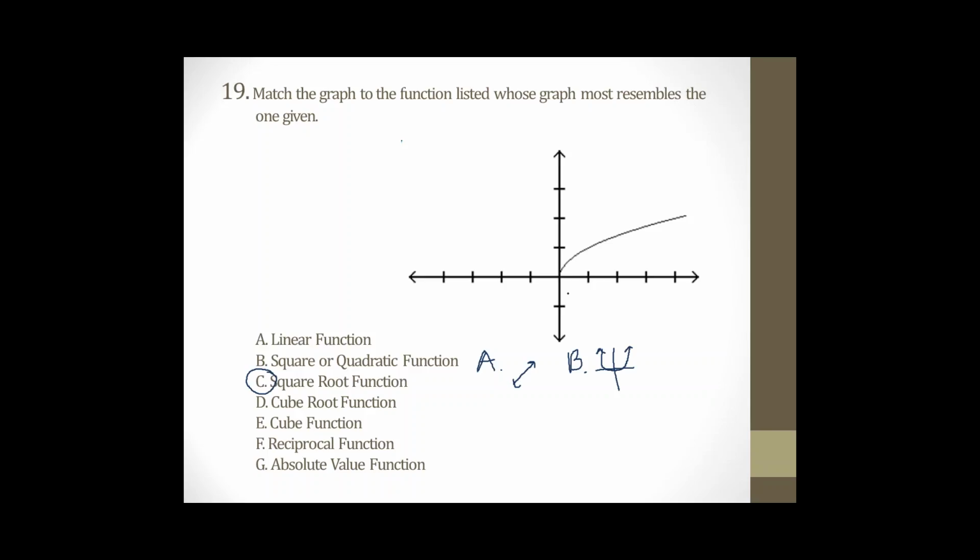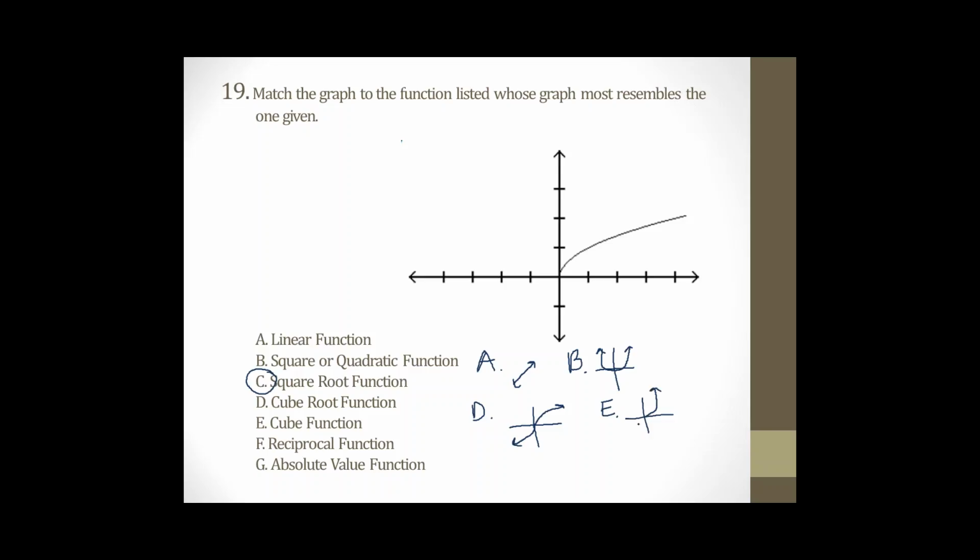The square root function looks like the one that we have here. The cube root looks sort of like the square root, but it has this part and it also has that part. The cube function looks very similar, but it's translated, or moved the other way.